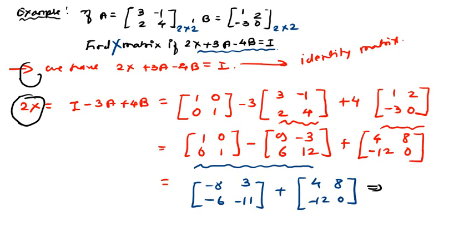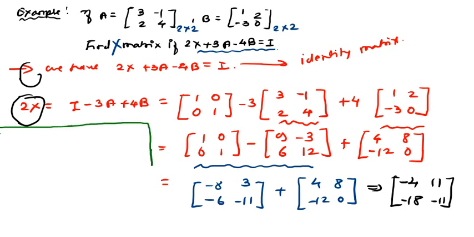Okay, so finally we can find the value for this 2x, which is equal to adding both the matrices: minus 8 plus 4 is minus 4, 3 plus 8 is 11, then minus 6 plus 8 is minus 18, minus 11 plus 0 is minus 11. Okay, so finally we got the value for 2x, but we need the value for x.